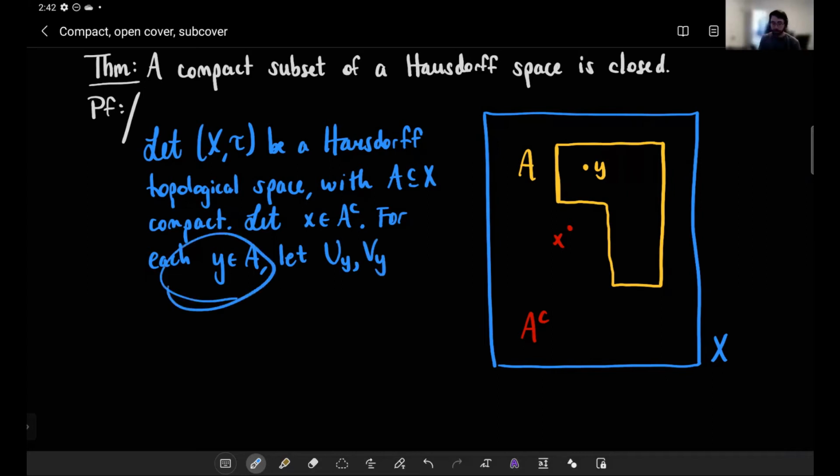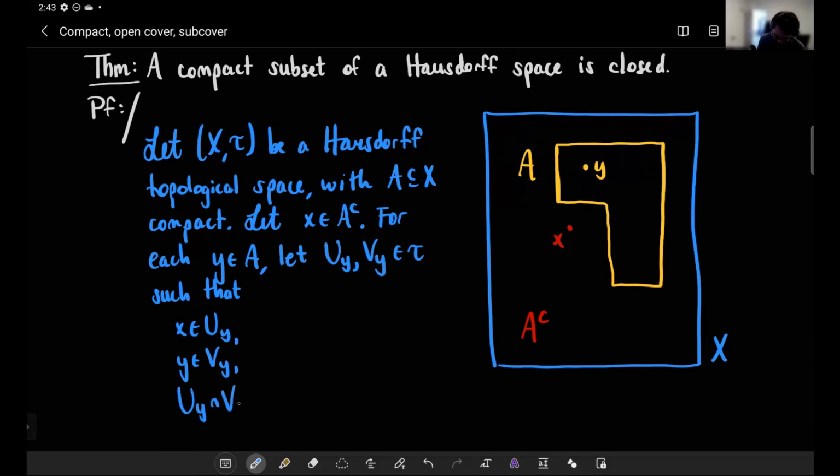I'm going to do this process for each point y in my subset. So let these be open sets such that the Hausdorff conditions are satisfied. Namely, x is in the first one, y is in the second open set, and the intersection of these open sets is empty.